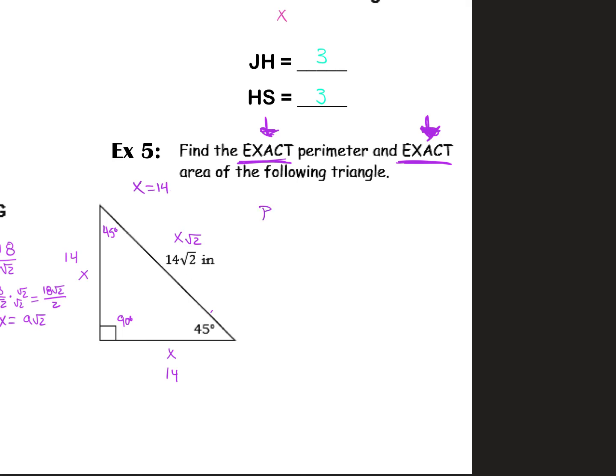So for perimeter, you're going to get 14 plus 14 plus 14 radical 2 because perimeter is just adding all the sides. And then for area, you are going to get half base times height, which is going to equal half 14 times 14.